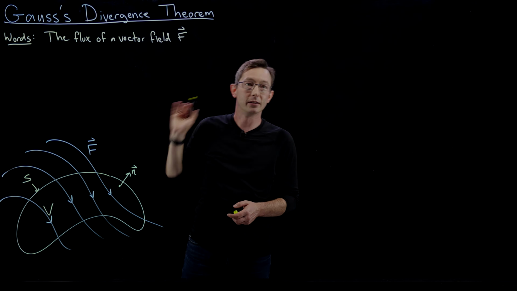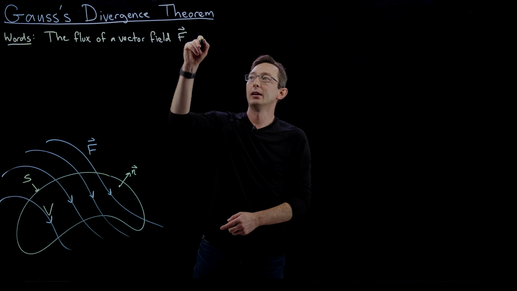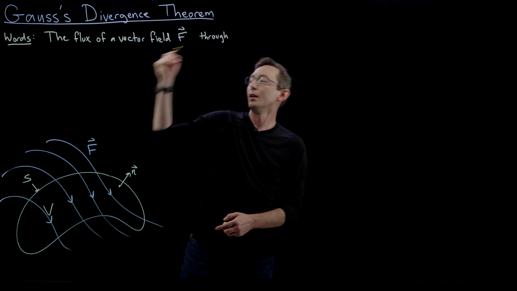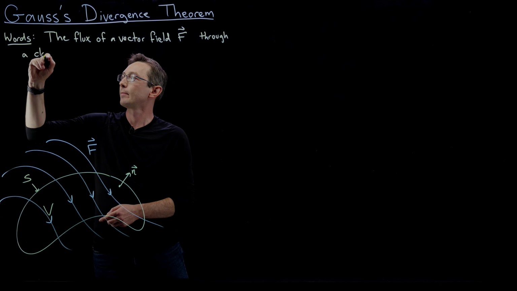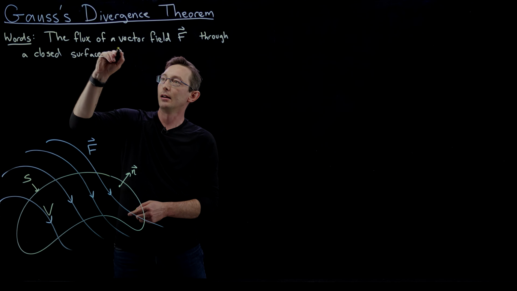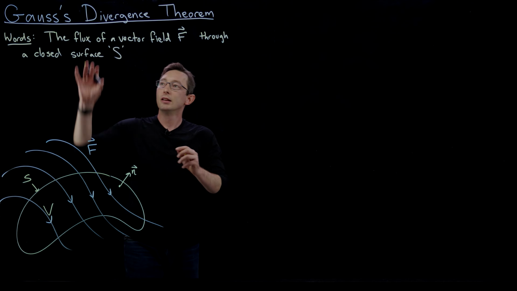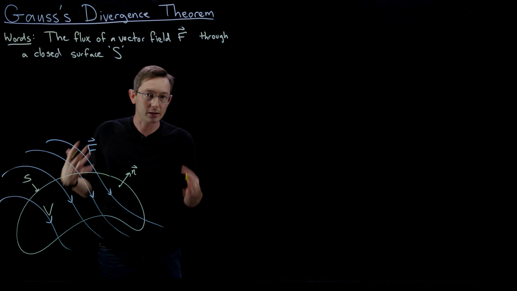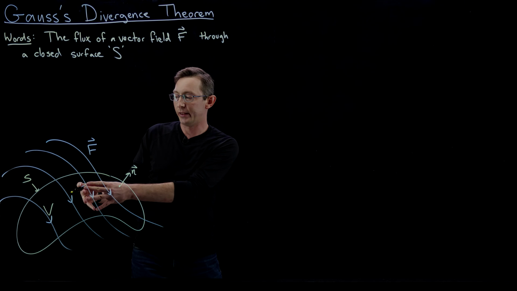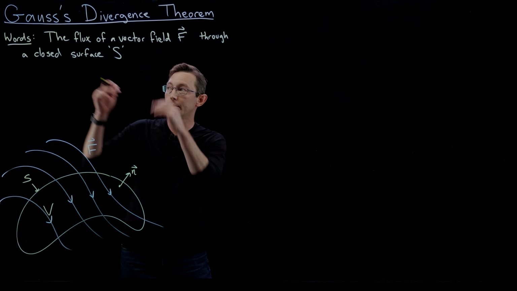The flux of a vector field F out of a closed surface, so through or out, let's say through a closed surface. And this closed surface is S, the perimeter of this volume. So the flux of a vector field through this closed surface is equal to the integral of the divergence of that vector field throughout the entire volume.